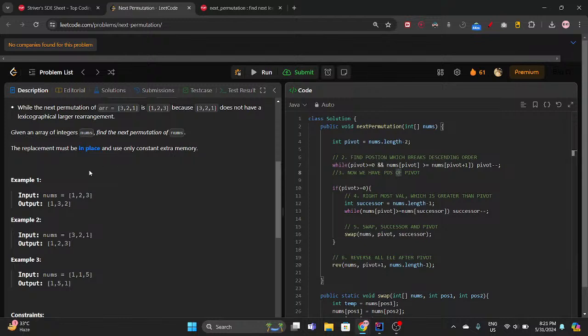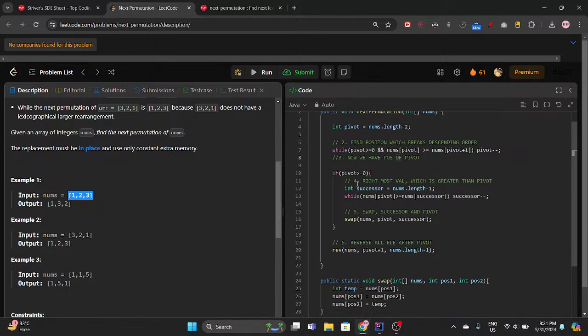If pivot is greater than or equal to 0, find the rightmost successor, the rightmost greater value. In this example it is 3. So we will swap with it. Reverse everything after the pivot.